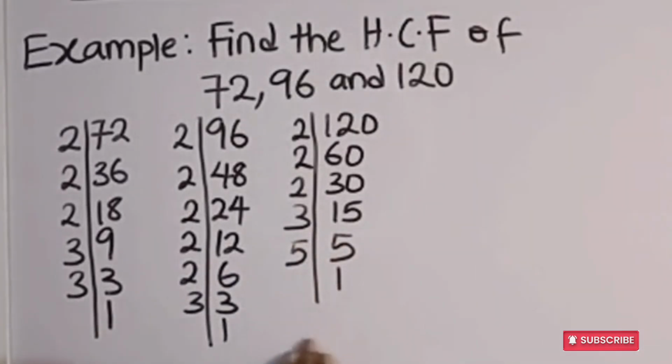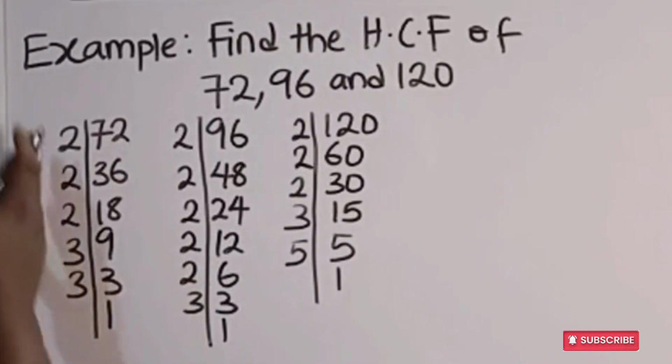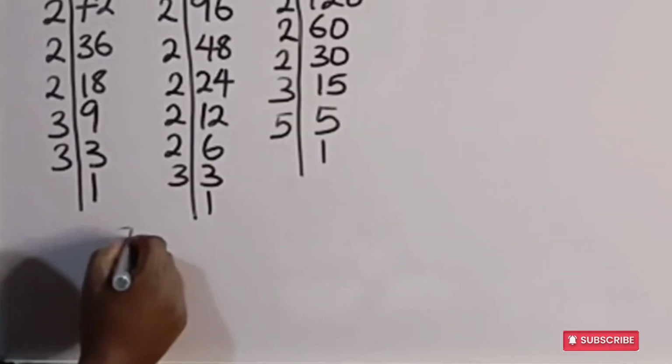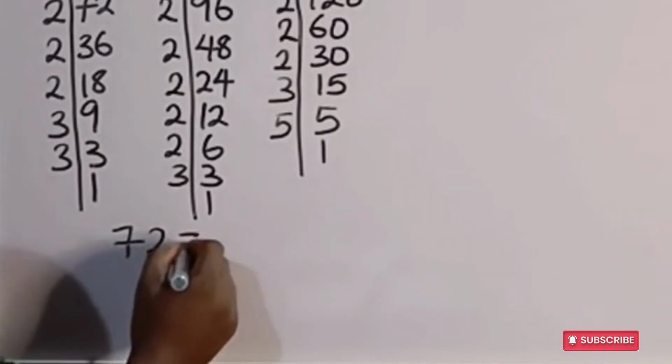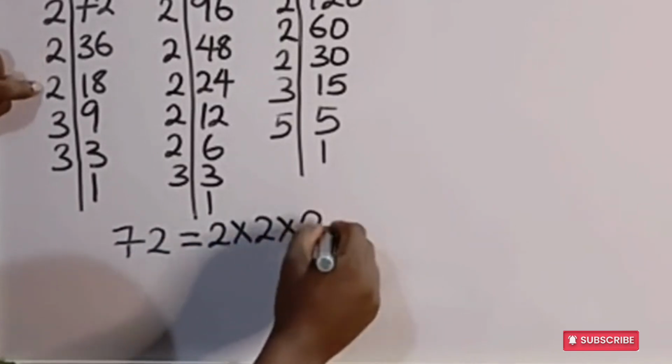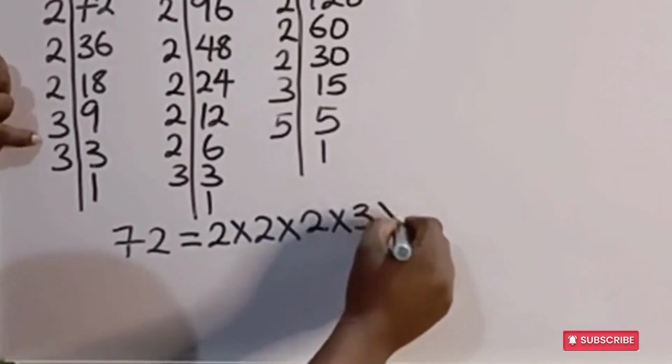Okay. So now let's write these values as a product of their factors. So 72 is equal to 2 multiplied by 2 multiplied by 2 multiplied by 3 multiplied by 3.